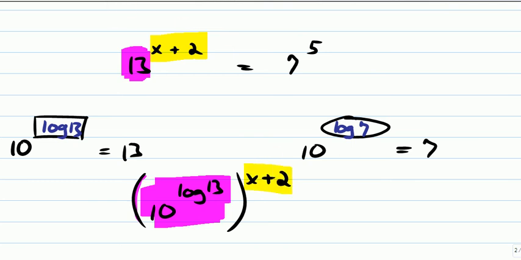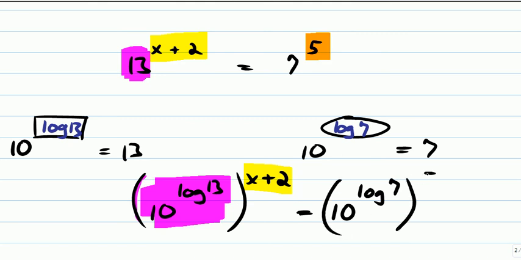Next, on the right-hand side we had 7, but we rewrote 7. 7 is now 10 to the log 7. And its exponent was a 5. So this thing is going to be raised to the 5th power.